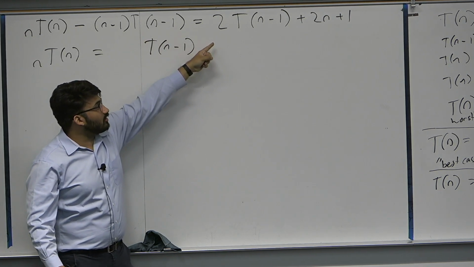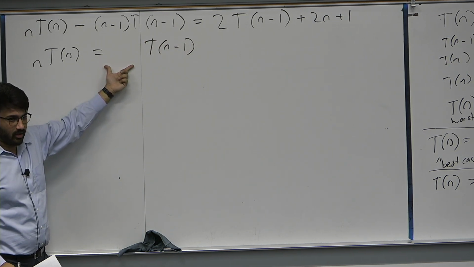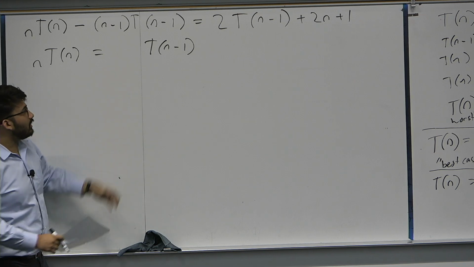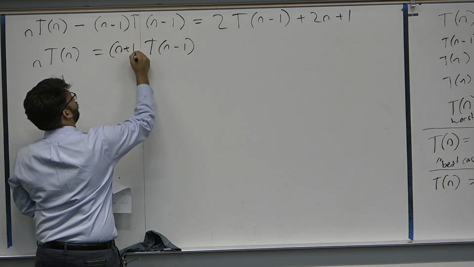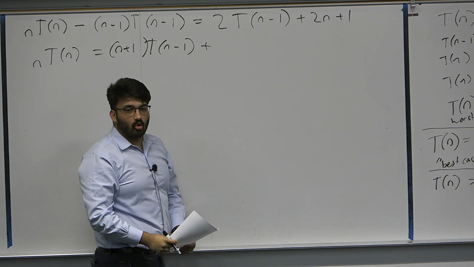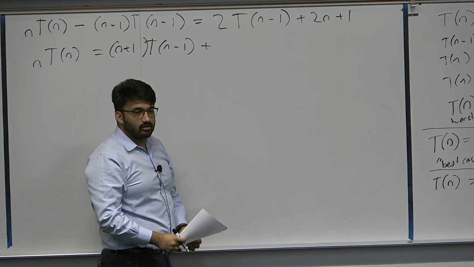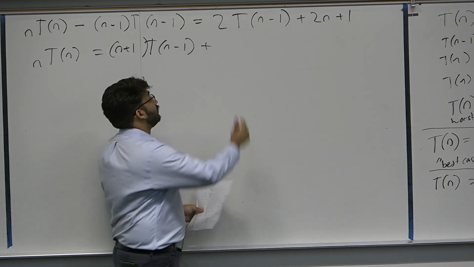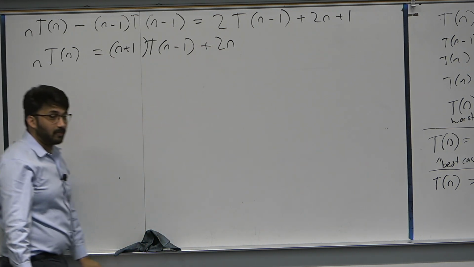If we move that to the other side, how many t of n minus 1s do I have? Yes. And then I'm just going to ignore the 1 because I don't like it. It's going to make things worse. Another dark art trick. 2n. Okay.